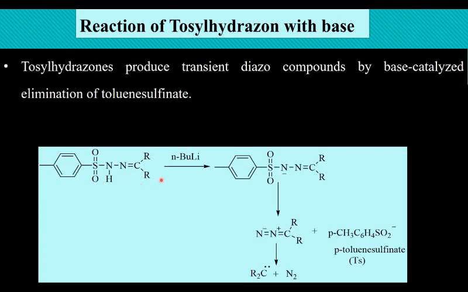When this tosylhydrazone reacts with n-butyl lithium, this proton is abstracted, and then in the second and third steps nitrogen is removed by the elimination or the generation of this carbene.